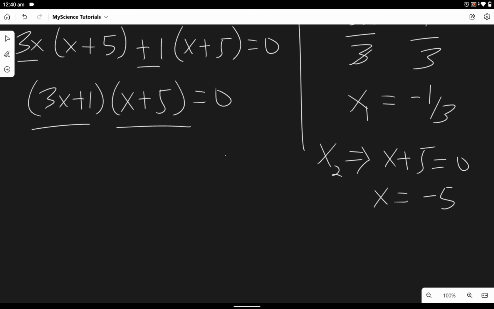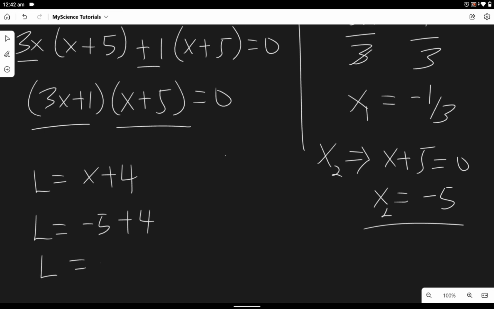Now from the question, we're told that the length is x plus 4. So our length is x plus 4. It cannot be negative. So if we look at the second x that we have, x2 over here, if we use that, which is minus 5 as the value of x in x plus 4, this is going to give us a length of minus 1, and we know our length cannot be negative.